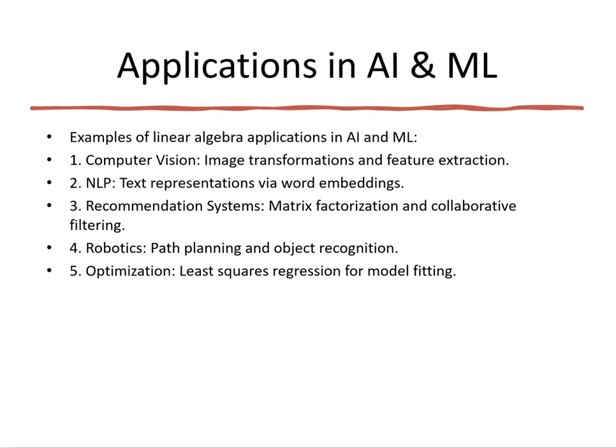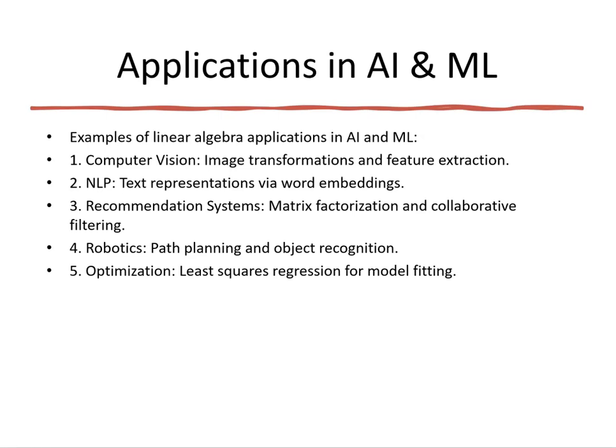Some applications where linear algebra is used in AI and ML. First is computer vision. For image transformation and feature extraction, we use linear algebra. In NLP, text representations; recommendation systems, where we do matrix factorization and collaborative filtering. These are the two ways of doing recommendation systems.